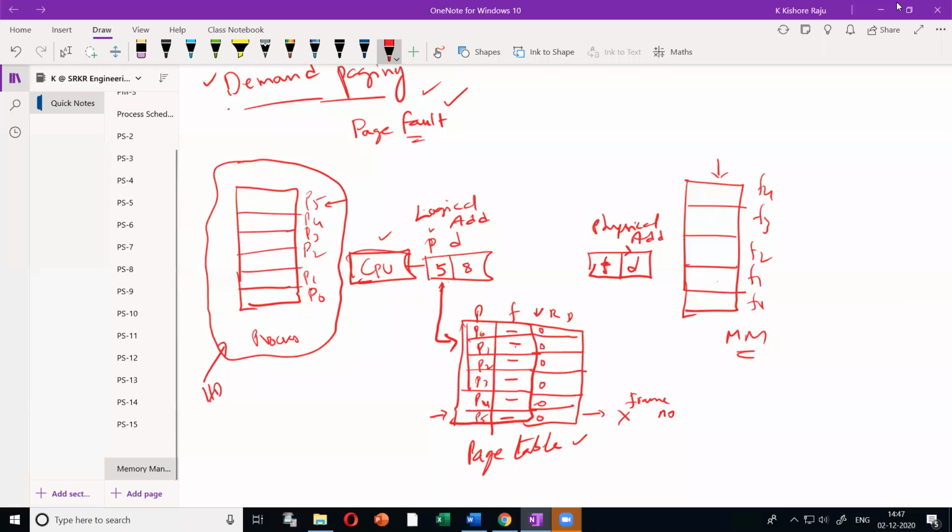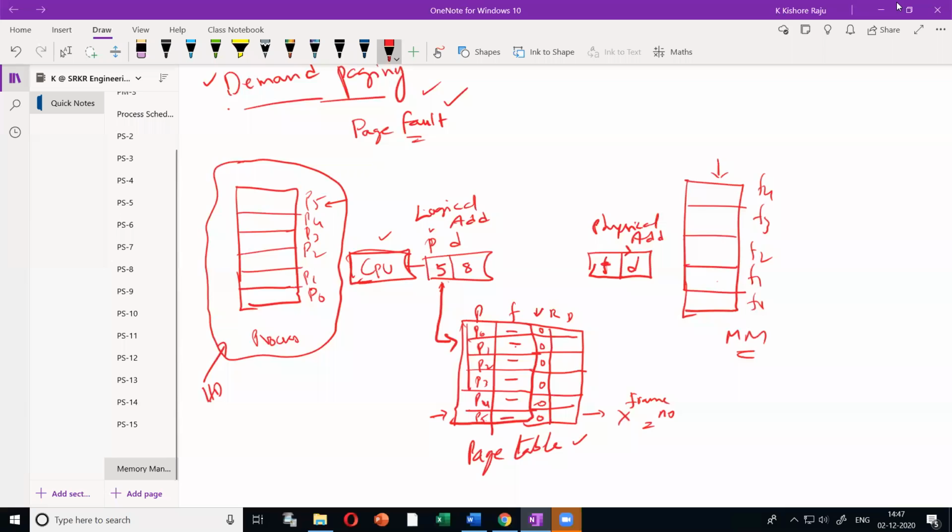How will it return the frame number? It is not there in the main memory frames, so it will not be able to return the frame number. That is the valid bit.